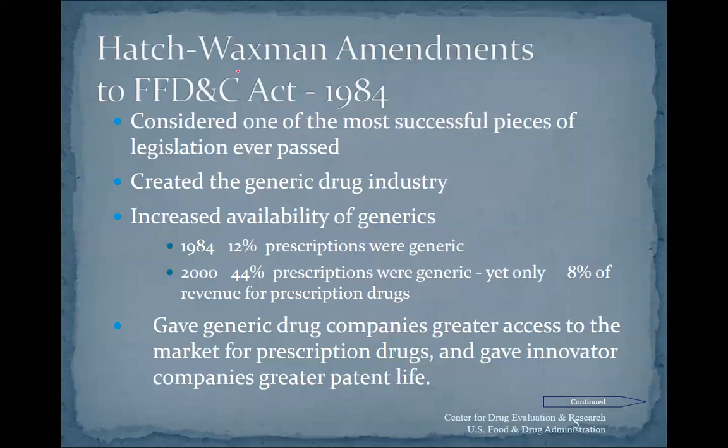Now, generic drugs underwent a major reshuffle with the Hatch-Waxman Amendment to the FD&C Act in 1984. This is one of the most successful pieces of legislation, leading to the creation of the generic industry, where you can easily see the prescription of generic drugs rising by more than 44%.